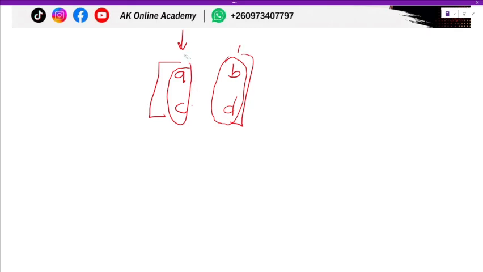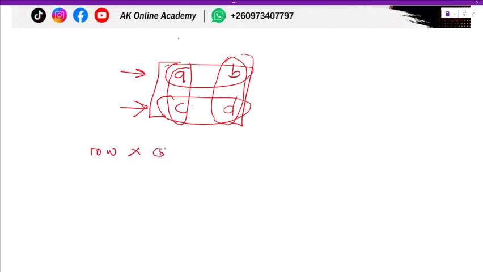Rows move from left to right, in this direction. So we have this row and that row. How many rows do we have? We have 2 rows. Now the order of a matrix is given by row by column.